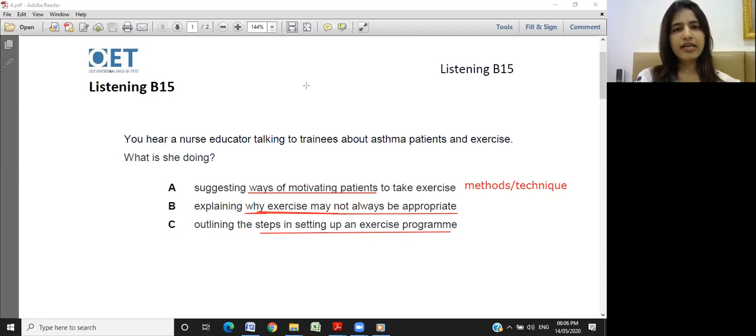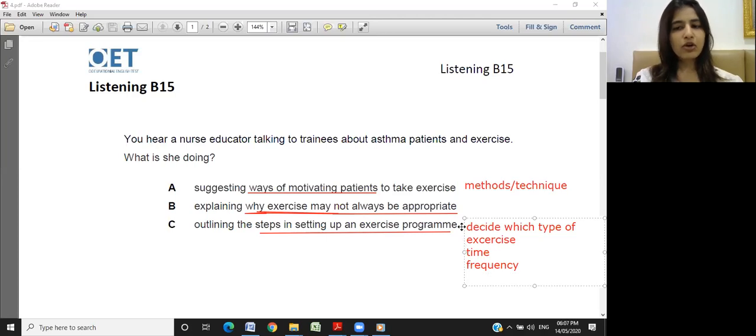So if this is the correct answer, they may be explaining how to decide on which type of exercise, for example, then decide time, duration, or frequency.